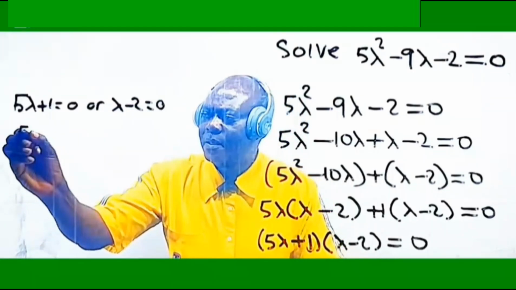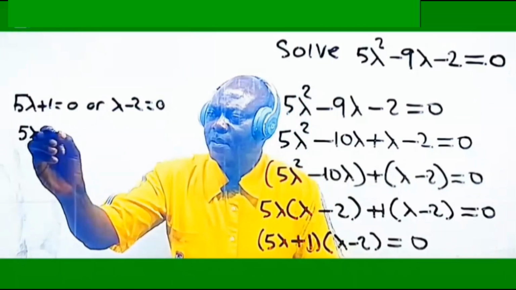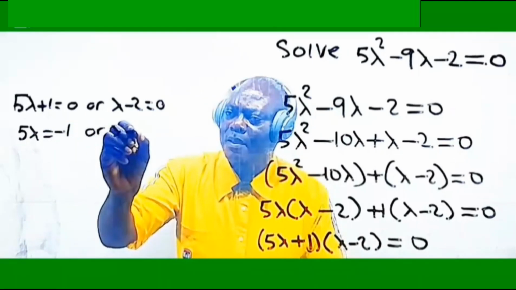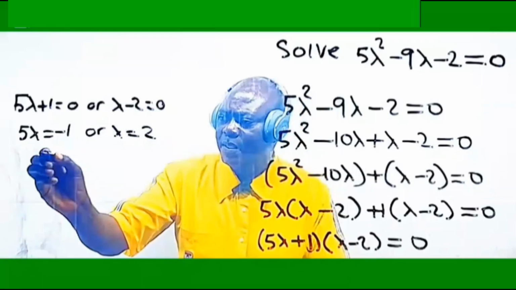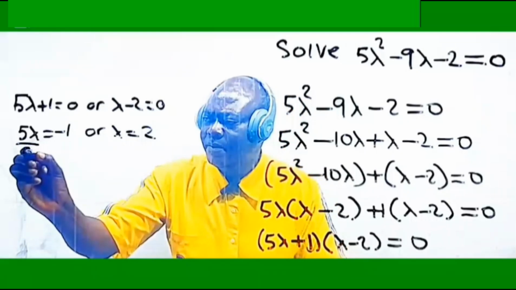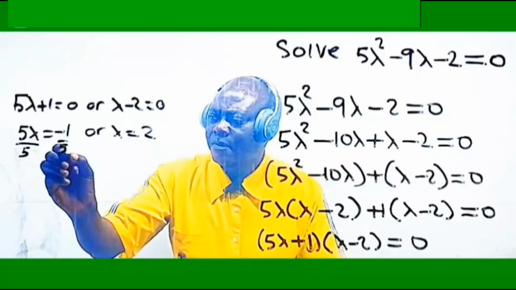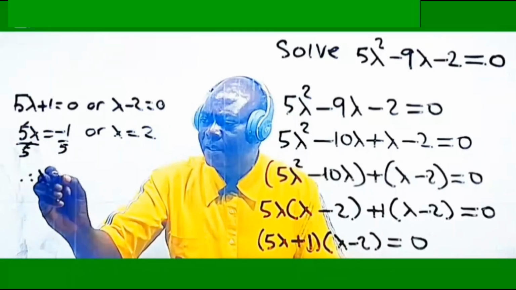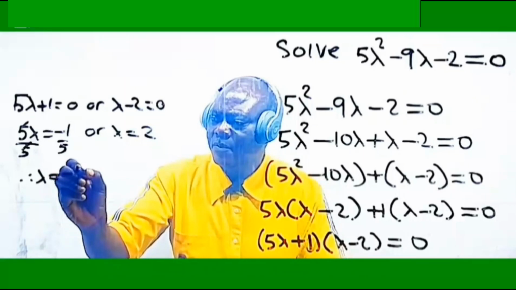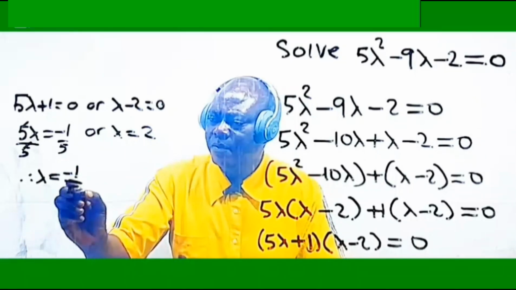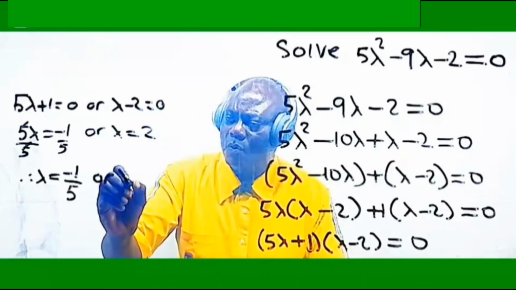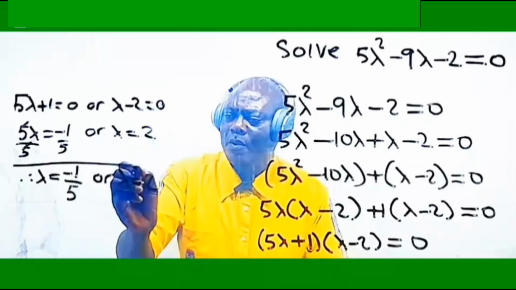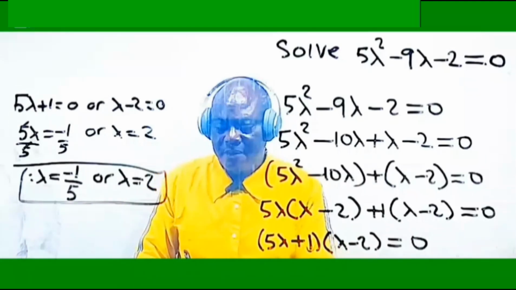So 5λ = −1 or λ = 2. So from here, divide both sides by 5. Therefore, λ = −1/5 or λ = 2. And that is the final answer.